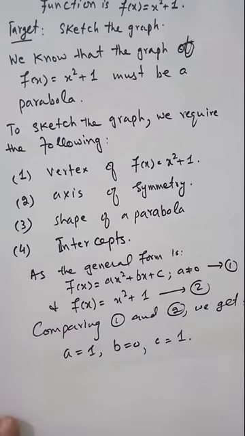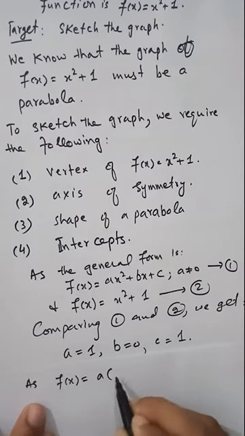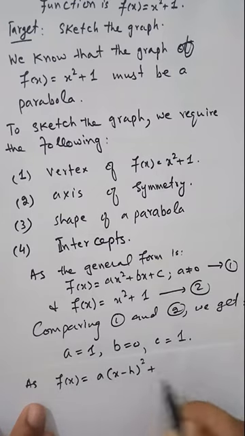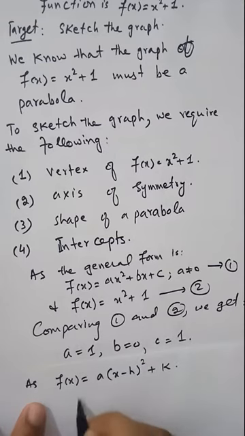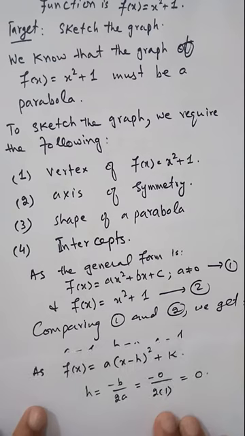Now f of x is equal to a times x minus h whole square plus k, where h is equal to minus b divided by 2a. Here b is 0, so minus 0 divided by 2 into 1, you will get 0, so h is equal to 0.